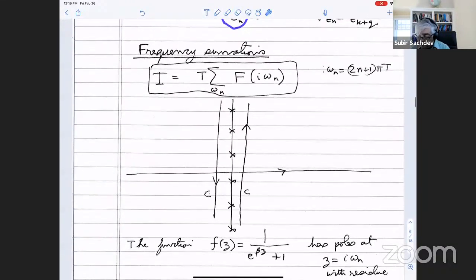So that brings me to this. This is the kind of thing you often have to do, where you have some summation over discrete frequencies omega n of some function of i omega n. There are various ways of doing it. The foolproof way is the contour integration method, but it's a bit cumbersome, and it's hard to always get the signs right.